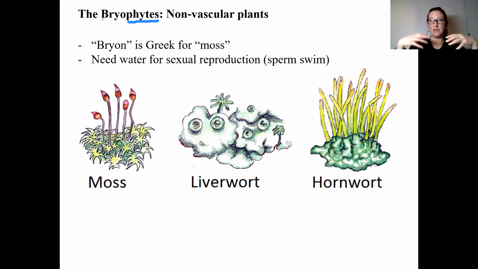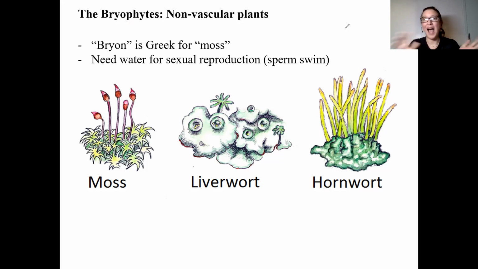Whenever somebody first described the bryophytes or the non-vascular plants, they thought they were all mosses. They were just like, oh, look, moss plants, right? Remember, phyte is plants, bryon is moss. However, as we discovered more and more plants, we realized, oh wait, they're not all mosses. They're also liverworts and hornworts.